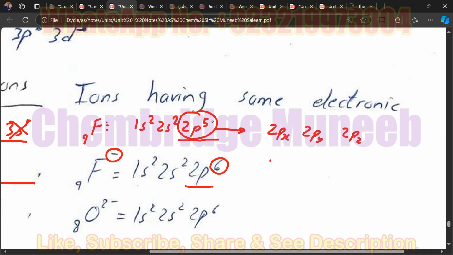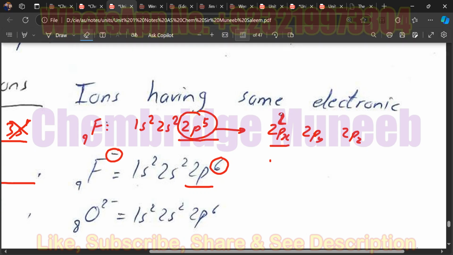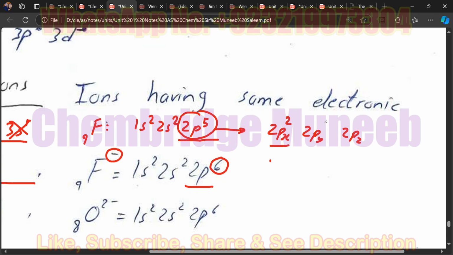How would I place these 5 electrons in these 3 orbitals? Not sure. 2 electrons in px. Yes. 2 electrons in px, and how many electrons in py? 2. And how many in pz?